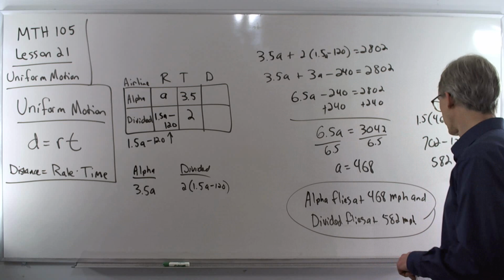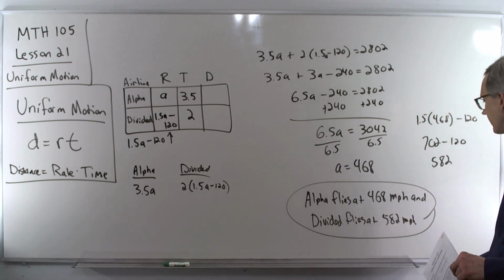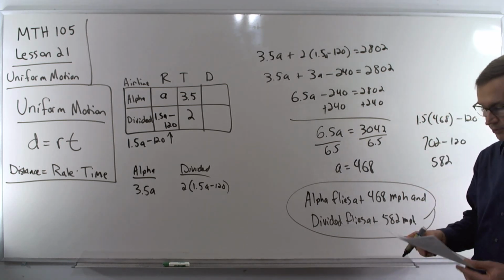So Alpha flies at 468 miles per hour and Divided flies at 582 miles per hour.